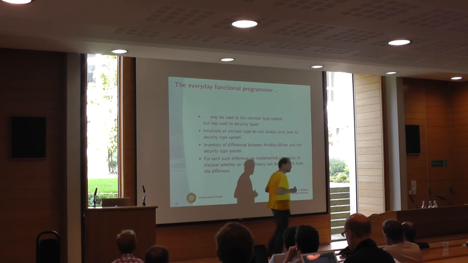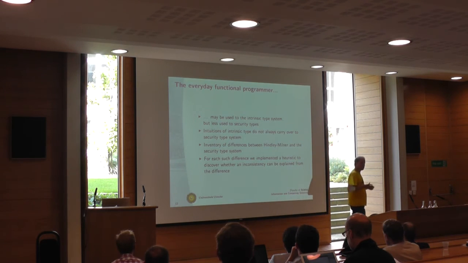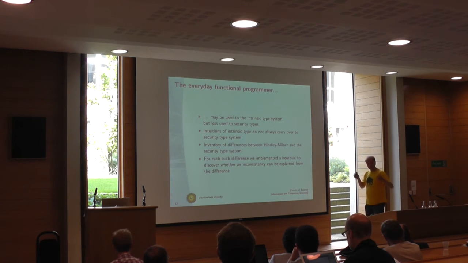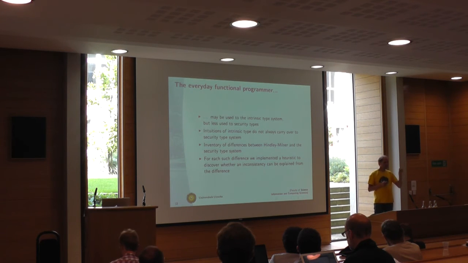Security type systems are not often used by programmers, and if you start to use them, you are probably used to Milner behavior. So if there's something in which the security type system diverges from the intrinsic type system, that is particularly a place where you will start to make mistakes, through your or my misunderstanding. The intuitions of the intrinsic type system do not always carry over.